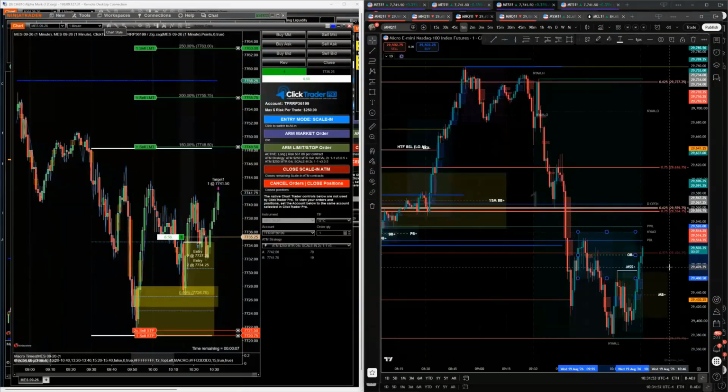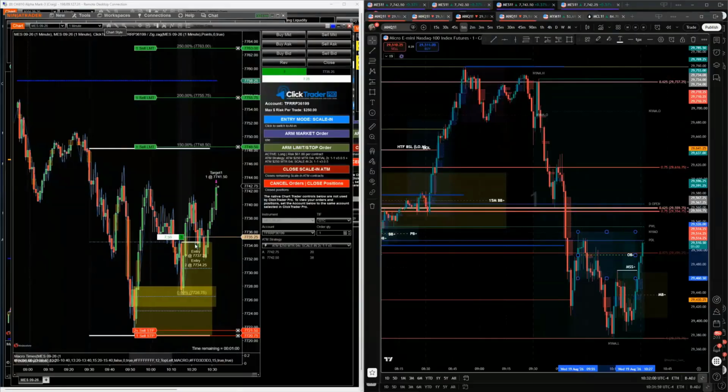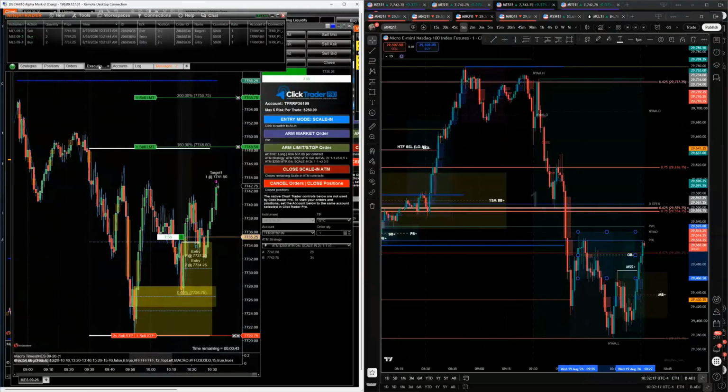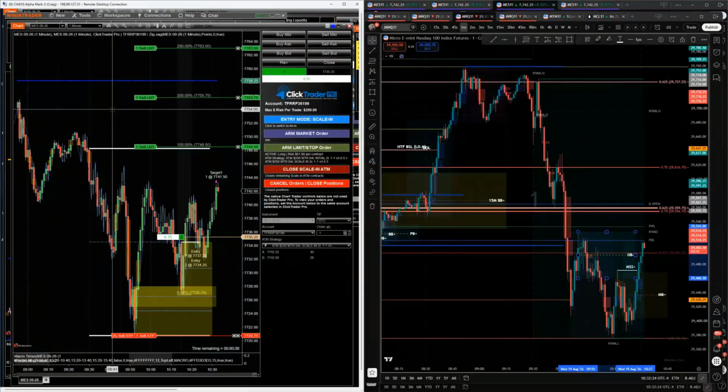Target filled. There's first target. Oh, so I was in with 4. I didn't realize that. I thought I was in with 3. Oh yeah, 2 and 2. Okay, that ended up working out better. So hold on a minute. Oh, so that's why it was off.